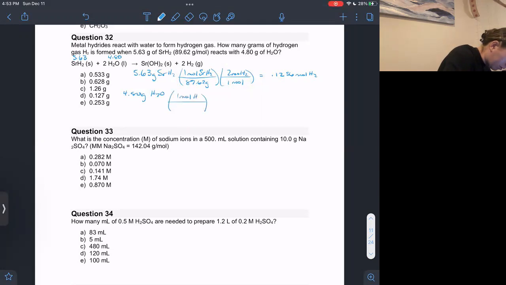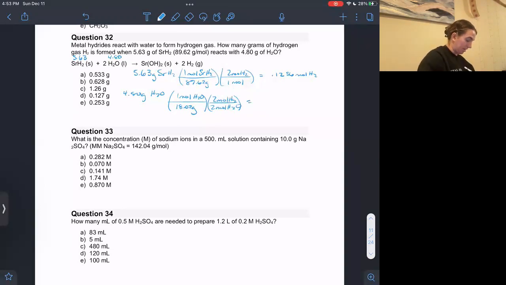And then this one would be 4.80 grams of H2O. 1 mole of H2O is equal to 18.02 grams, and this has a 2 mole to 2 mole ratio with H2. So basically it's just 1-to-1, so I just need to divide 4.80 by 18.